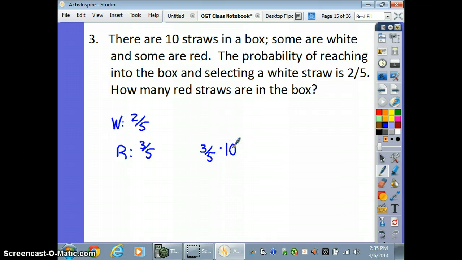If you want decimals, you can. It means to multiply. You could say 0.6 times 10. So then I just would move my decimal over. There must be 6 red straws, and then there are 4 white ones.